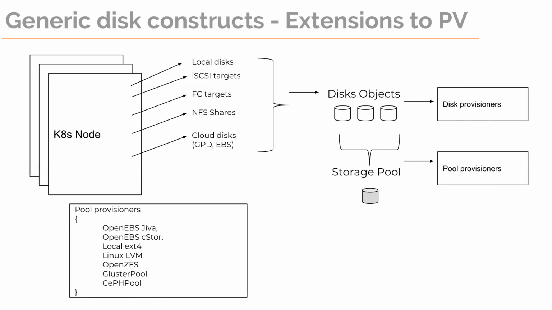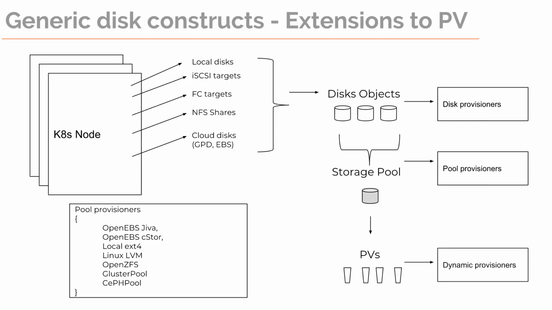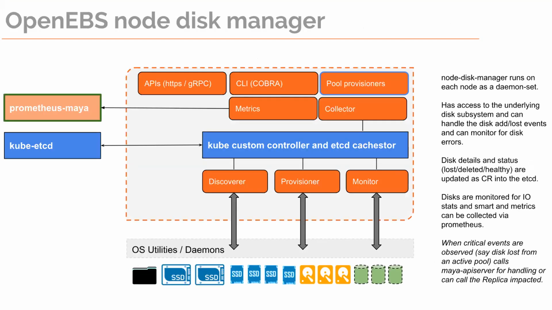So all these are going to follow the disk objects as a way to commonly deal with how you create a pool from a given project or vendor. And then from these pools, you're going to create persistent volumes. And this is already known, and that's done by dynamic provisioners.